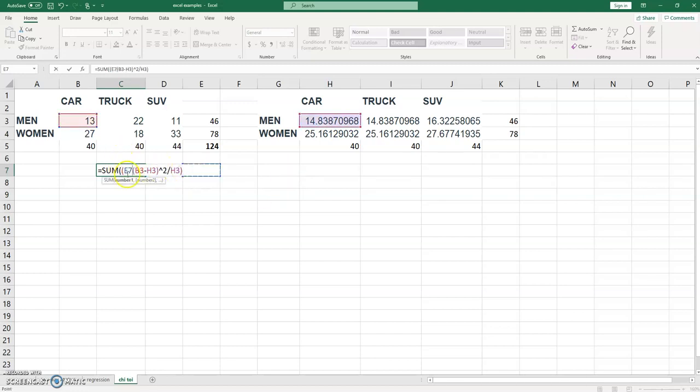So now we're going to add to that observed minus expected squared divided by expected, plus observed minus expected squared divided by expected.